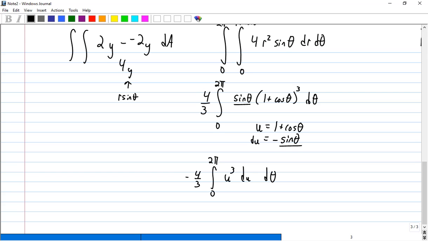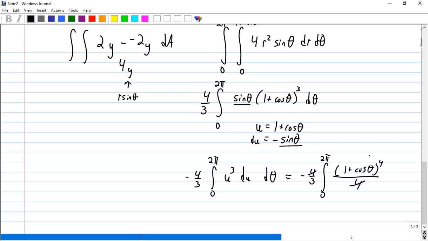All right, so what's that going to be? It's going to be u to the fourth over 4. And u is 1 plus cosine theta. So we got that negative 4/3 integral here to here. u to the fourth is 1 plus cosine theta to the fourth over 4.